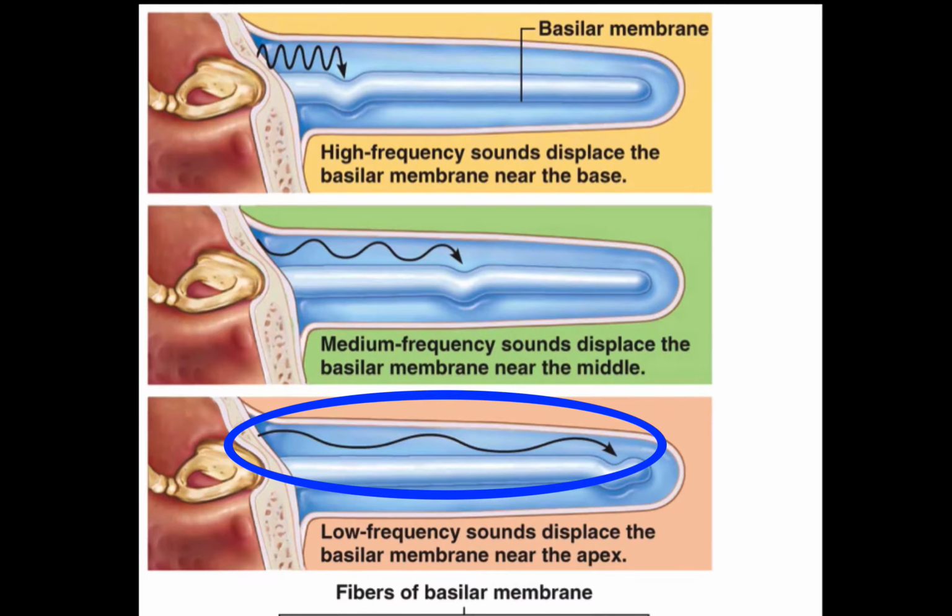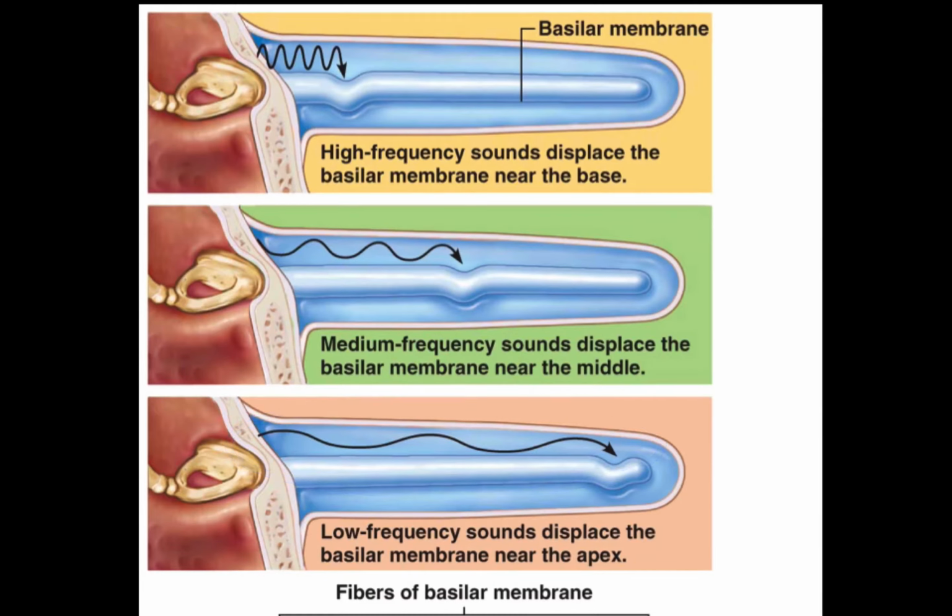Well, it turns out the high frequency waves don't travel that far into the inner ear, whereas low frequency waves do travel far into the inner ear. So these sound waves are going to stimulate the basilar membrane, or the organ of Corti, or what your book calls the spiral organ. It's going to stimulate specific parts of the spiral organ at different places along the basilar membrane.